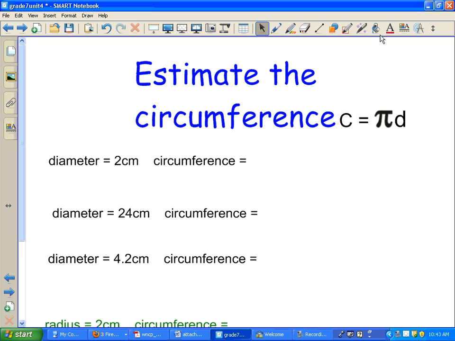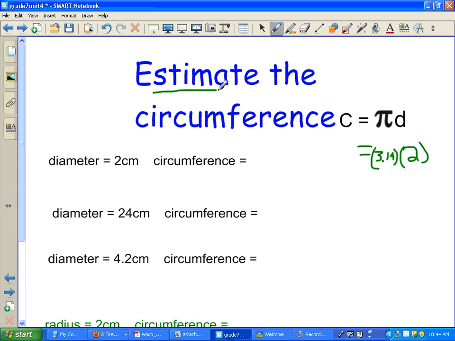Now I could simply take my diameter. My diameter is 2. And I could take pi, which is 3.14. And when I multiply that in my calculator, I will get the exact answer. But we don't want the exact answer. We just want an estimate.